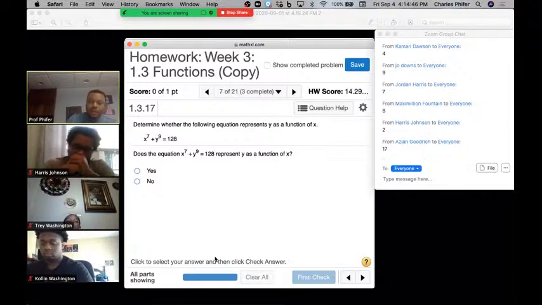We want to determine if this is a function, so we have the original. The original is x to the 7 plus y to the 9 equals 128.